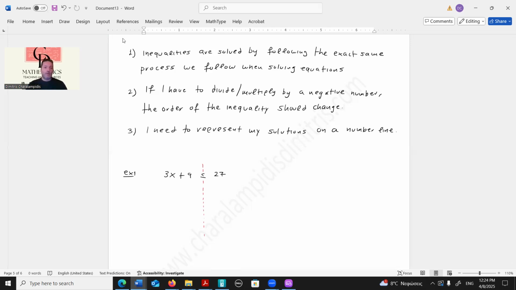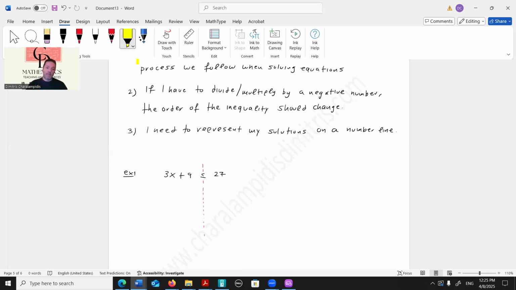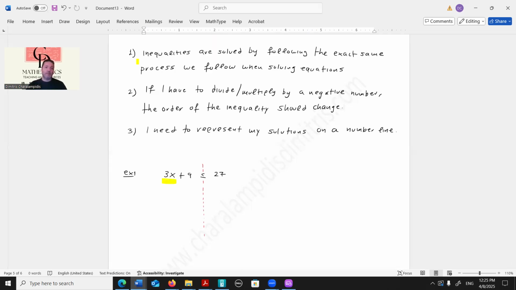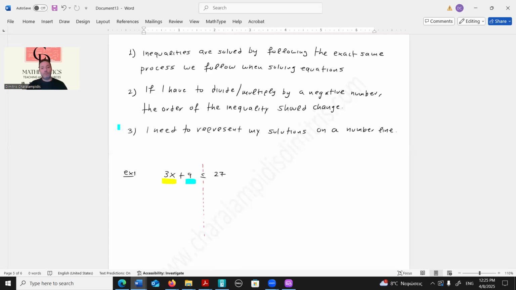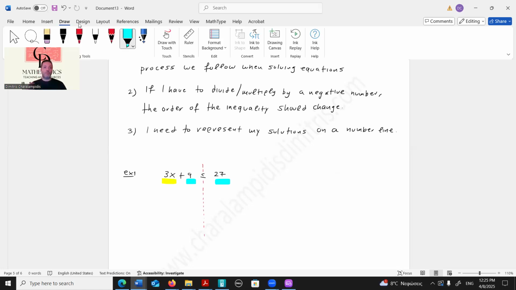And I will color by yellow the variable part and by blue the constant part of this expression. Remember that my goal is to separate yellows from blues. To do so, I can take each part from one side to another, but while doing so, if a part changes from one side to another, the sign should change as well.